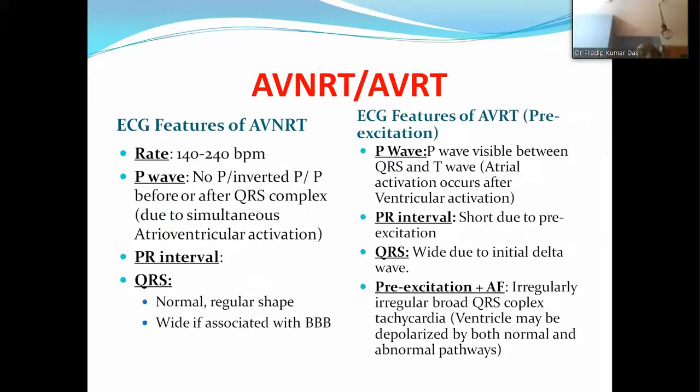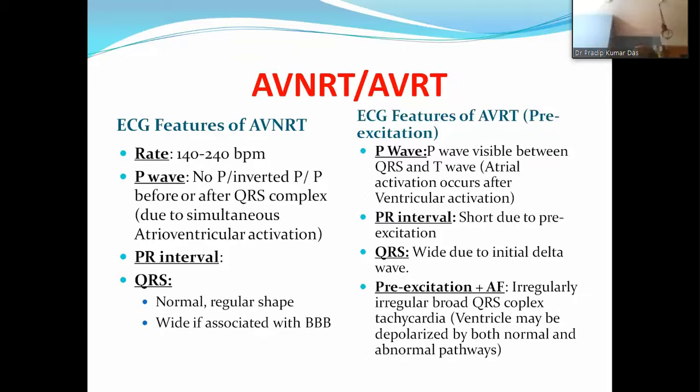ECG features of AVNRT: rate is 140 to 240 beats per minute. P wave: no P wave can be seen, or an inverted P wave can be seen, and the P wave may be before or after the QRS complex. This occurs in AVNRT because of simultaneous atrial and ventricular activation, and the PR interval is shortened.